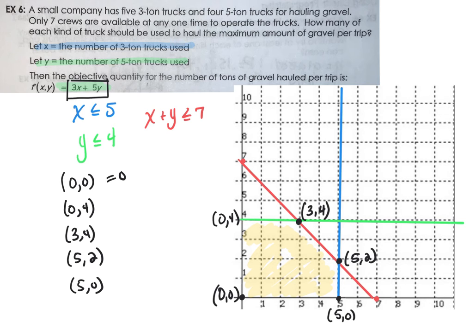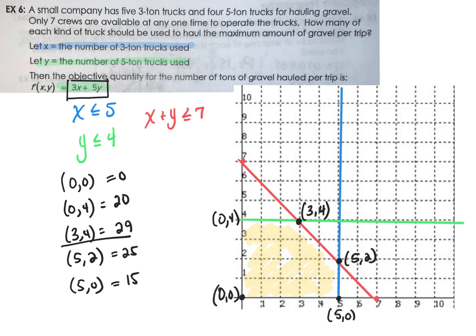When we plug in 0, 4, what do we get? Well, 3 times 0, 5 times 4. When we plug in 3, 4, 3 times 3, 5 times 4, all right? When we plug in 5, 2, and 5, 0, 3 times 5, 5 times 0, all right? So which one's going to yield a maximum? Well, this guy is right here.